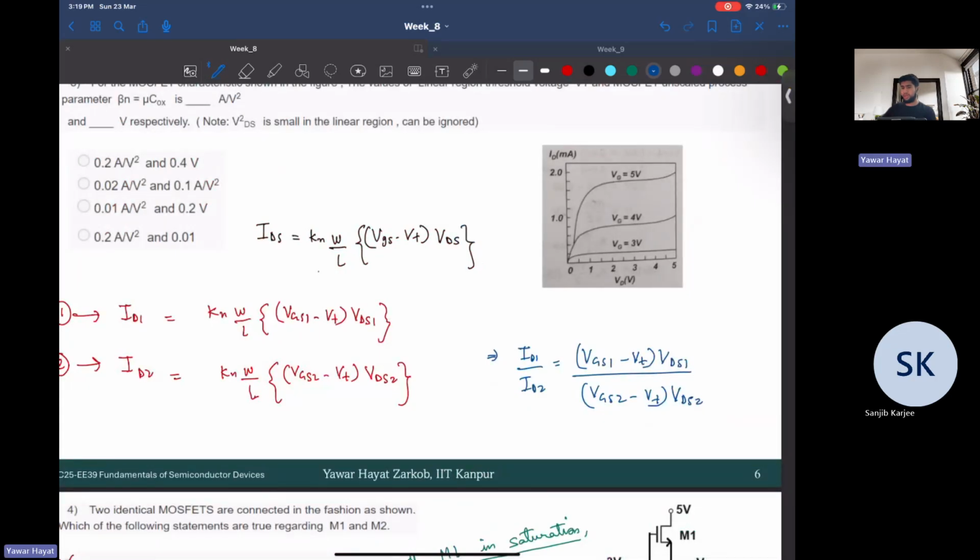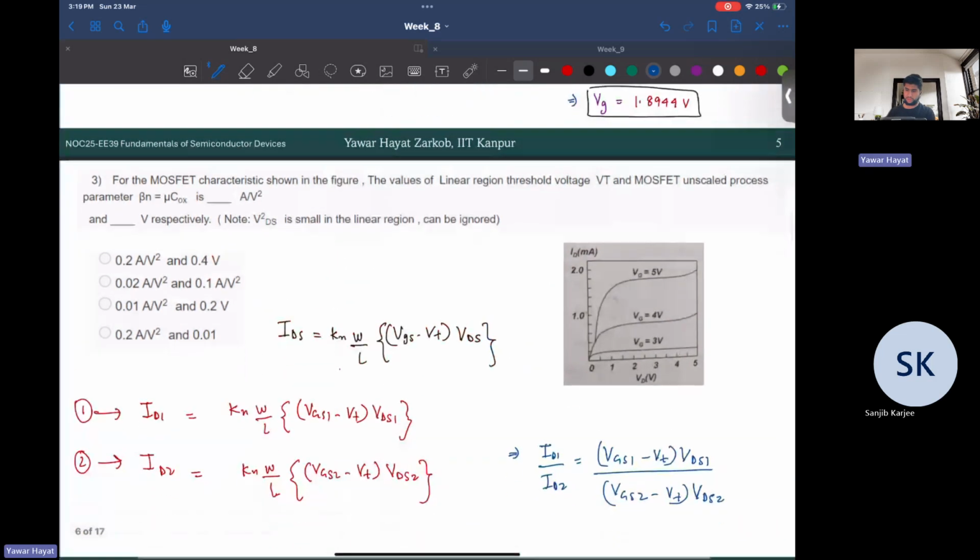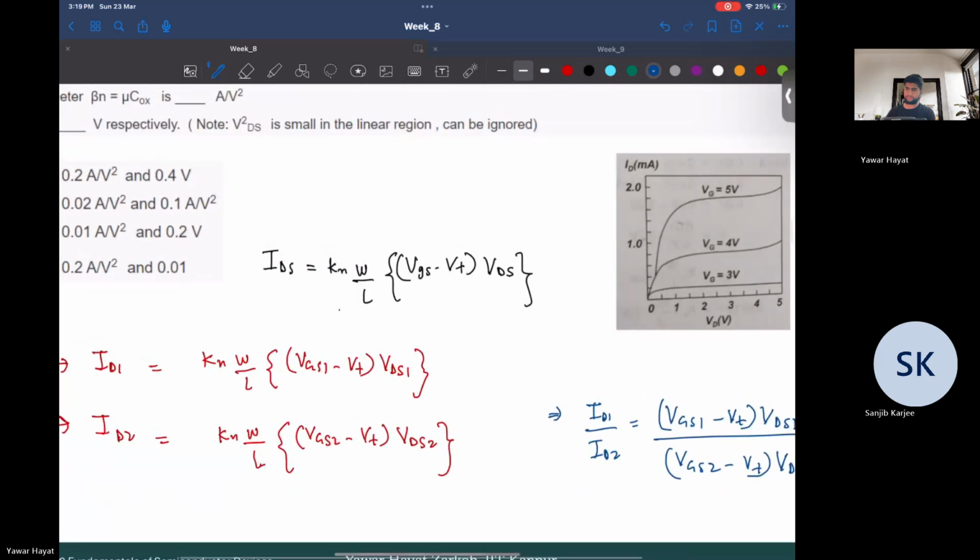So then you'll pick the values of the currents for VGS and VDS from this plot. Okay. Let me do that.